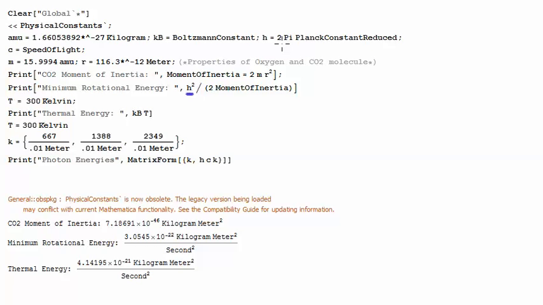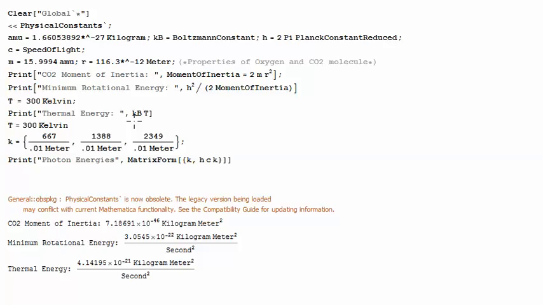I've defined h as 2 pi times Planck constant reduced, that's 2 pi times h bar. Anyway, h squared over 2 times the moment of inertia comes out to be 3.054 times 10 to the negative 22nd kilogram meters squared per second squared.